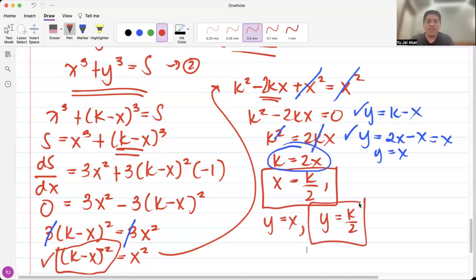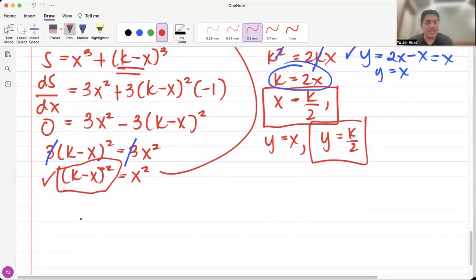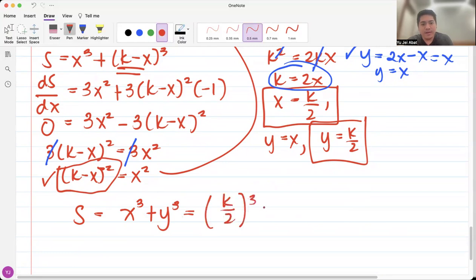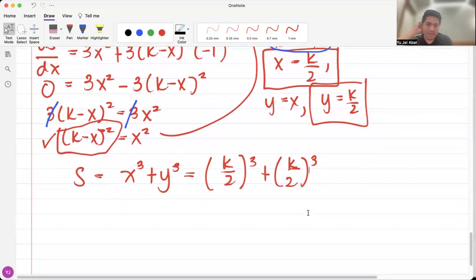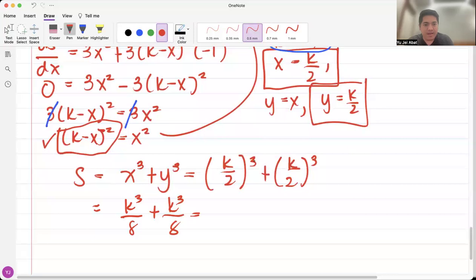Now we can proceed to find the minimum sum. The minimum sum would be x cubed plus y cubed. Again, x would be (k over 2) cubed plus (k over 2) cubed also. So we have k cubed all over 8 plus k cubed all over 8, which is 2k cubed all over 8.